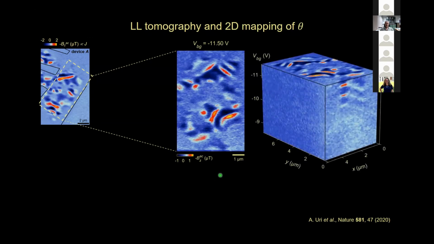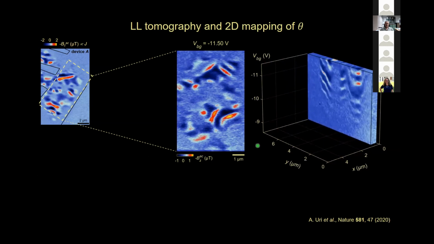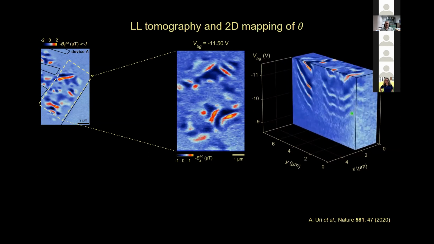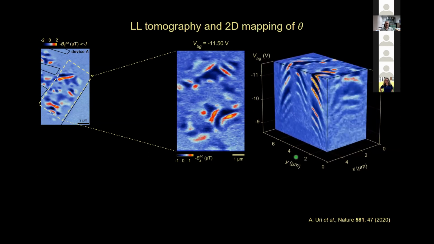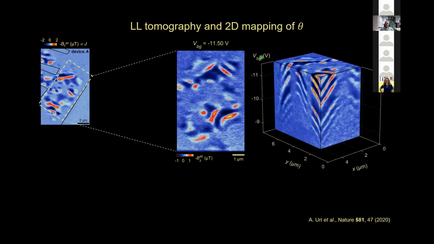So we will just make a three-dimensional structure of the Landau levels, namely tomography. So this is the tomography of the Landau levels as a function of position and the carrier density, backgate, or energy if you want. And what you find, in this three-dimensional space, is that the Landau levels form a manifold.